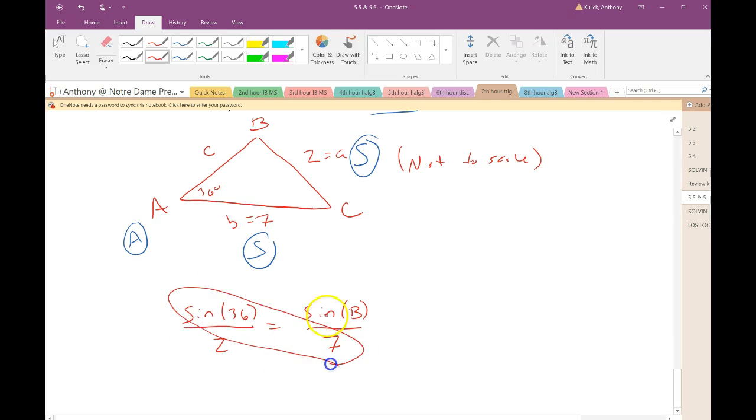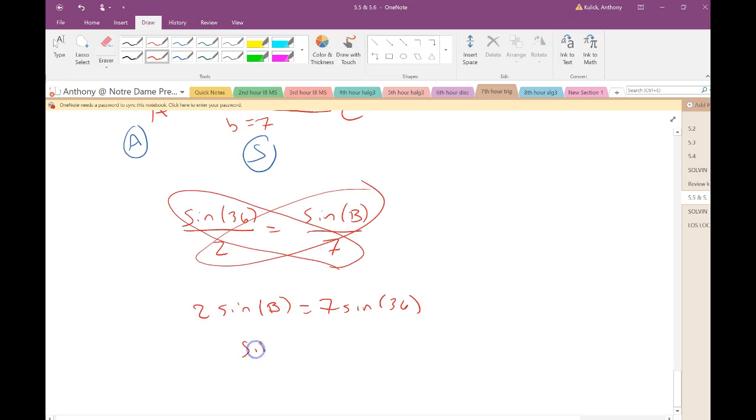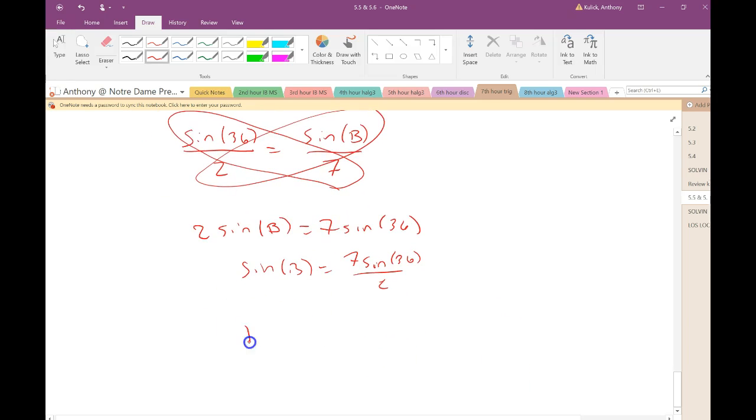Now we'll solve this for angle B. So I have 2 sine B is equal to 7 sine 36. And I'll divide both sides by 2. And then we'll take the sine inverse of both sides.